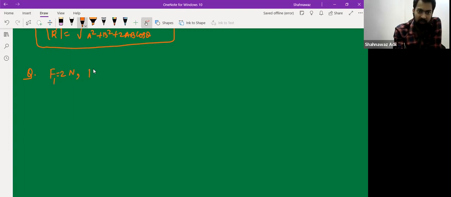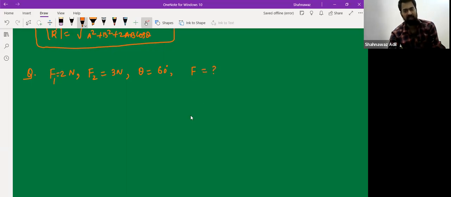And the other magnitude is what? 3 Newton, right? And they are at an angle of, let's say, 60 degree, right? So what would be the resultant F? You calculate and tell me what would be the resultant. So this is a very simple question.